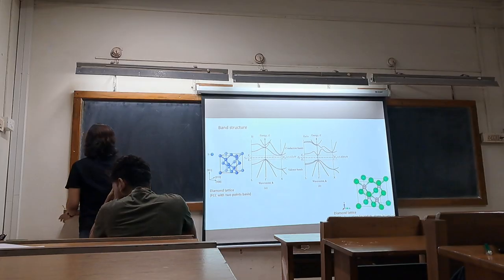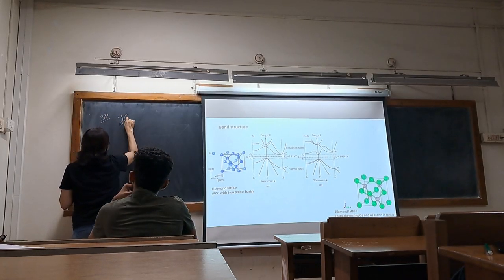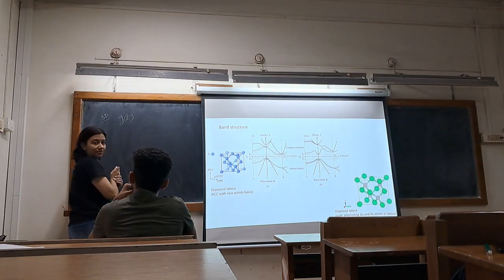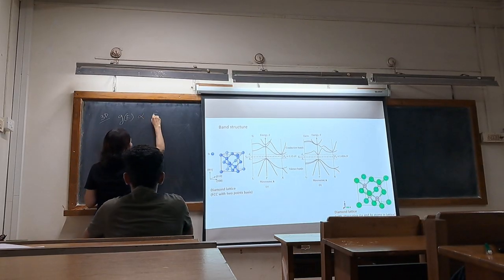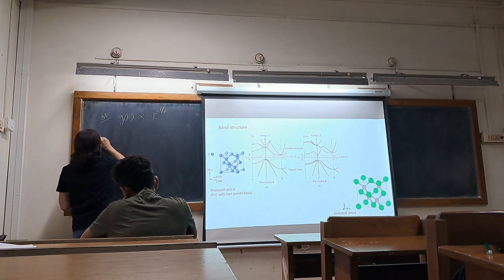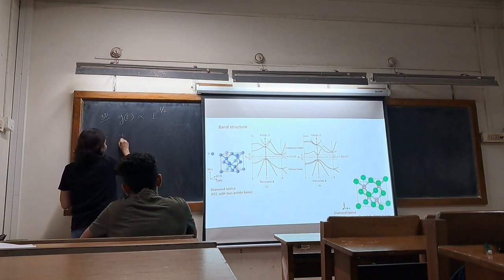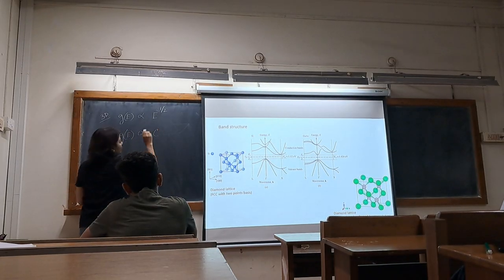But we all know. So for 3D, the density of states we write like this, right? G of E. For 3D, it was proportional to energy to the power half. For 2D, it's actually constant.